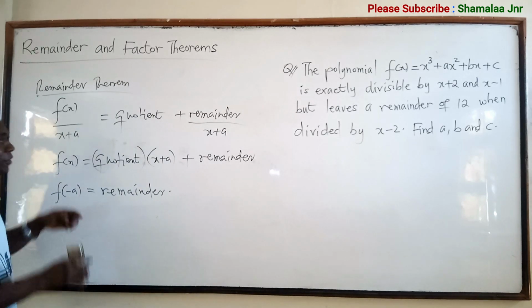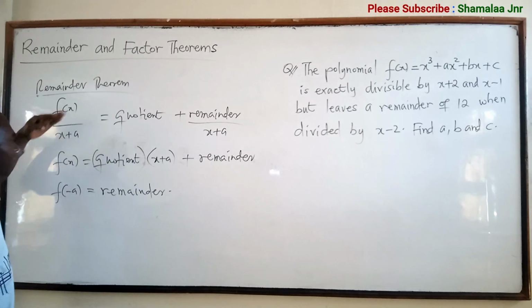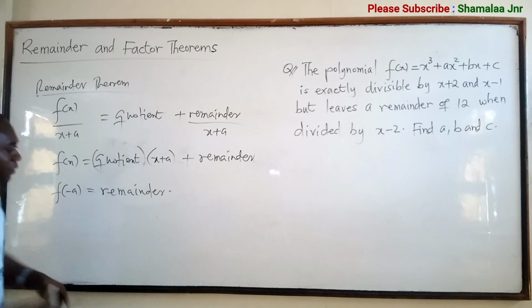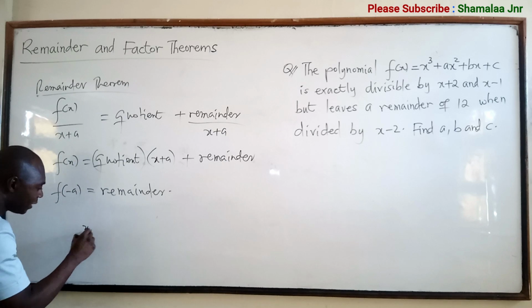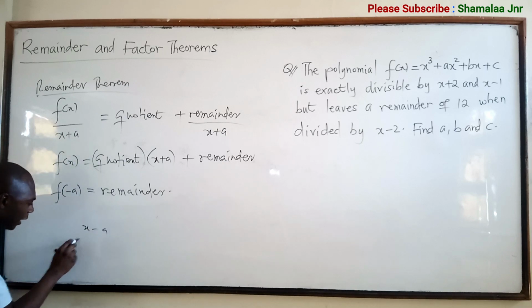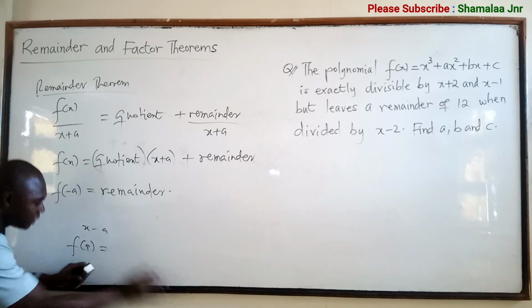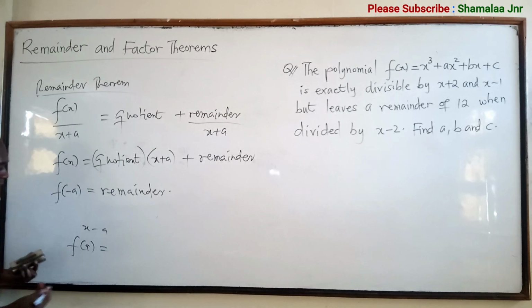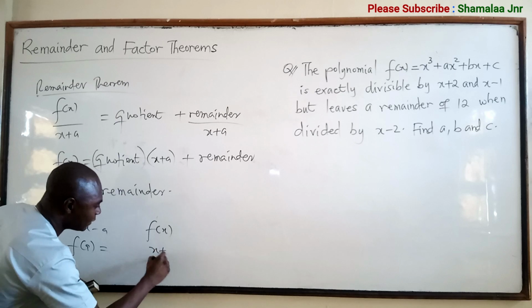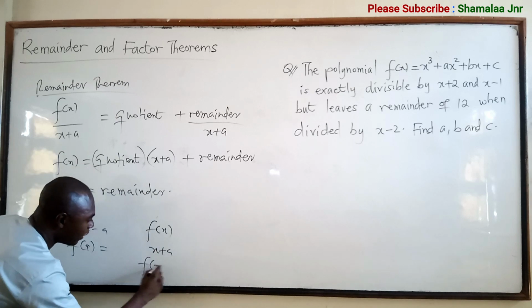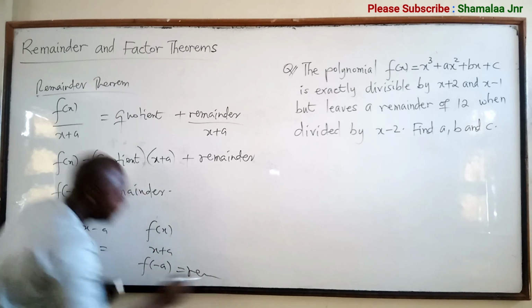So the remainder theorem states that if f of x is divided by x minus a, then f of a is the remainder. On the other hand, if f of x is divided by x plus a, then f of negative a is the remainder.